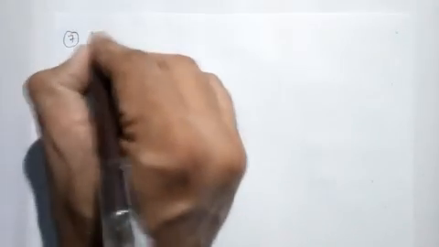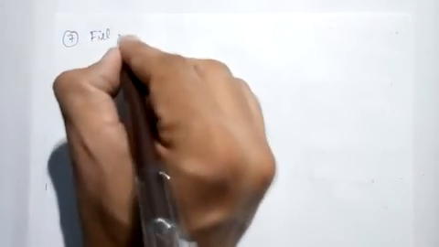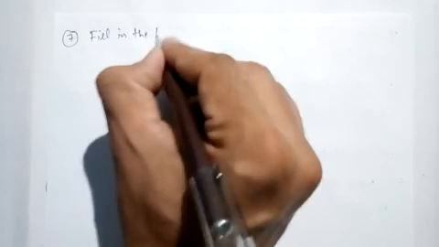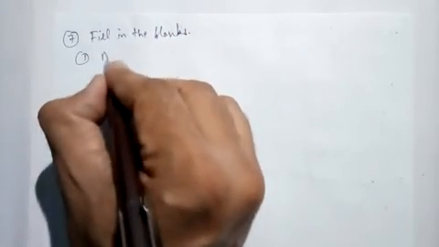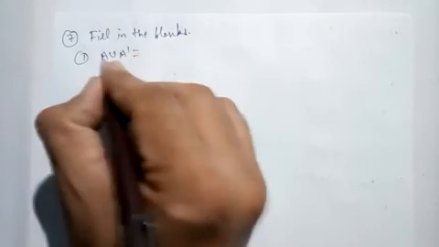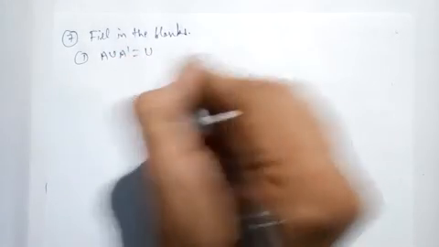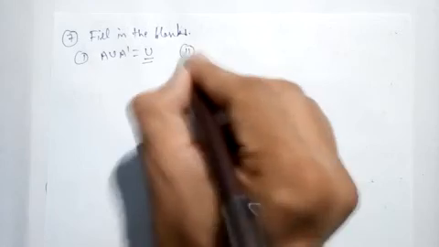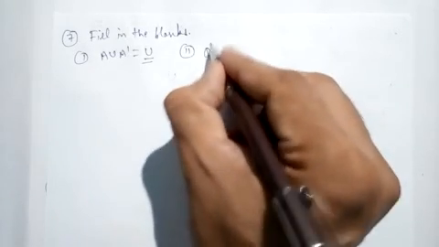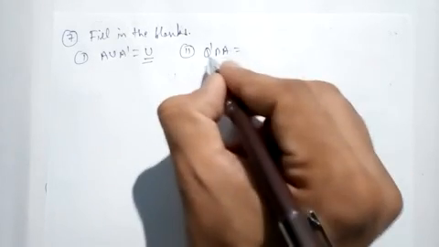Last question. Fill in the blanks for which the following statements are true. First, A union A complement is U. Second, phi complement intersection A. Phi complement is what?